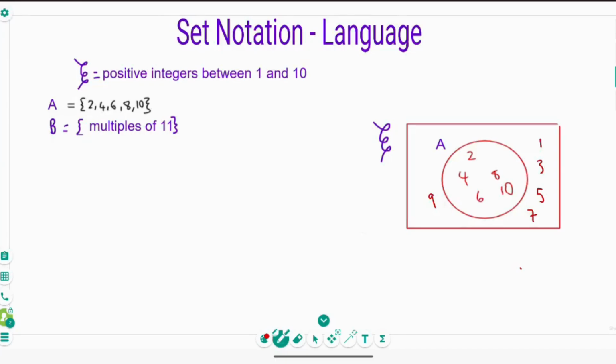So it means everything in the diagram. So you can see it on the outside here. So here, the whole thing represents positive integers between 1 and 10. And as you can see, outside the circle, we've got 1, 3, 5, 7, and 9, because they are positive integers between 1 and 10, but not in that set A. Set B is multiples of 11.